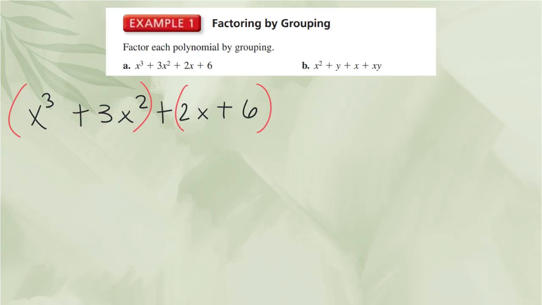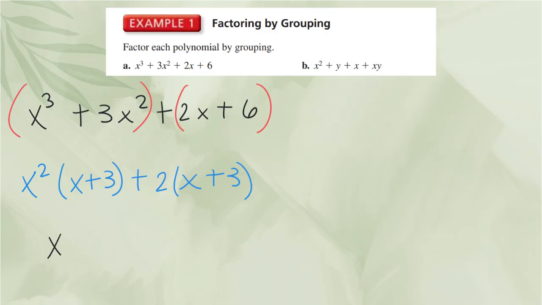I can factor out on that first one an x squared, correct? Because I have x cubed and x squared, I could take out an x squared, and I'm left with x plus 3 inside. Then on the second one, the GCF will be 2, so I'm left with x plus 3 inside of it. So my final answer will be x squared plus 2 times x plus 3.